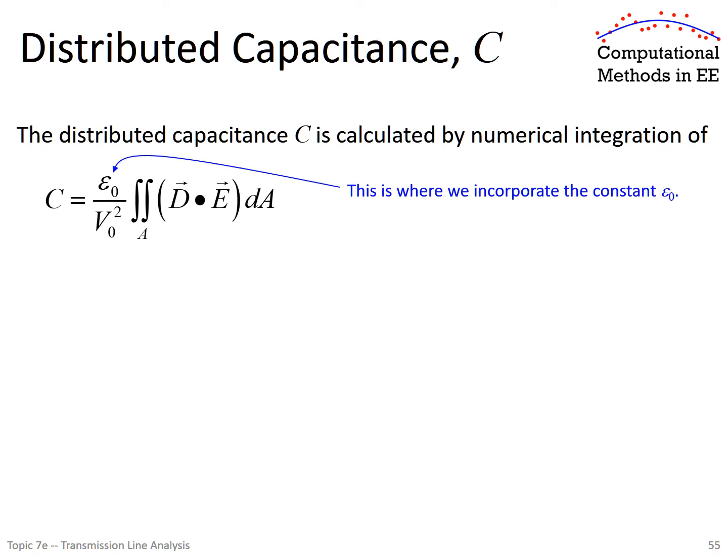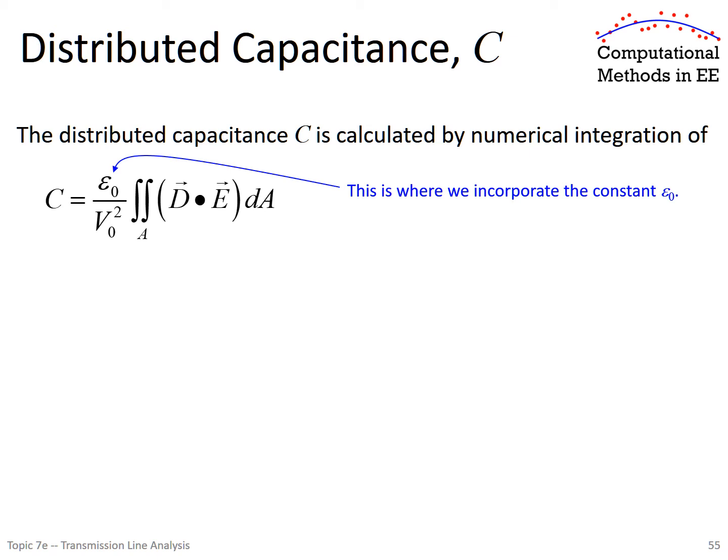So, distributed capacitance. Remember, this comes from when we solved the inhomogeneous Laplace's equation. So the D and the E here are the D and the E that result from analyzing the inhomogeneous Laplace's equation. Now, when we talked about this equation at the beginning of the lecture, there was a 1 sitting here. This is where I'm reincorporating the epsilon naught.